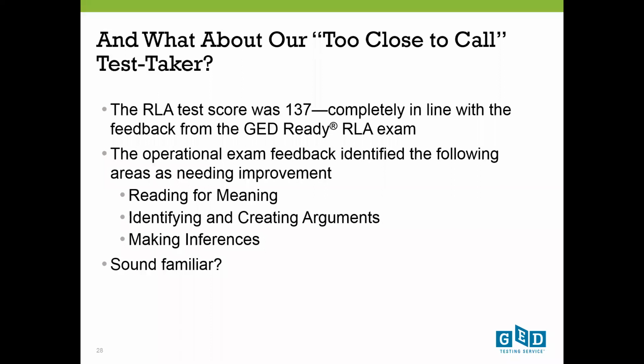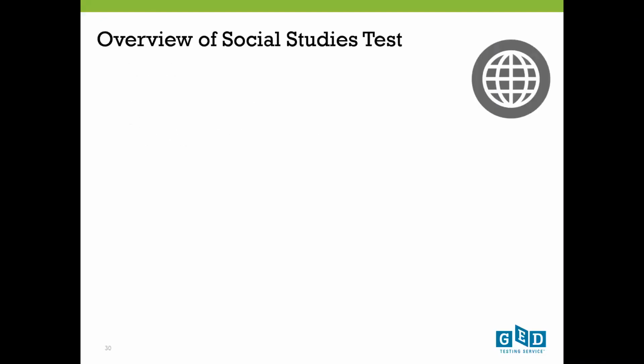The RLA test, what I call the operational exam, included the same categories that we just walked through for the GED Ready test. There weren't any surprises because, again, this is a half-length test, but it is highly predictive of performance. 139 on the GED Ready, on the real RLA test, 137. It's exactly what we would have anticipated the result to be.